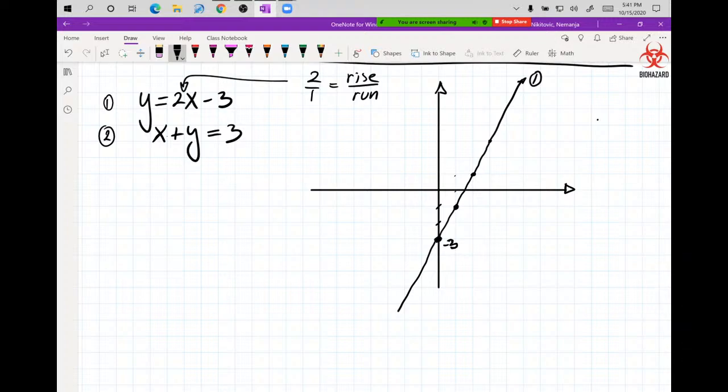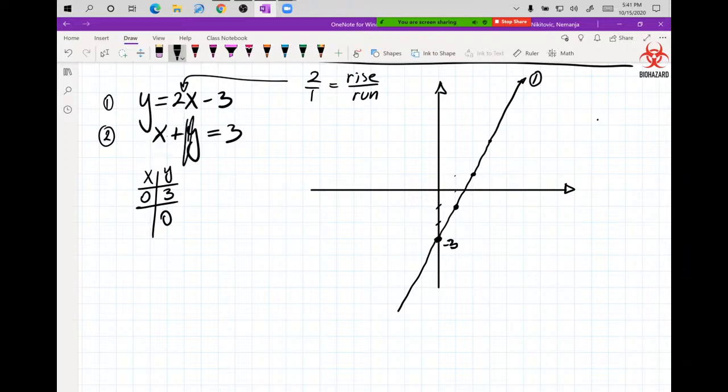Now, line 2 was the interesting one because it's in standard form. So we use our x and y intercept setup. When you plug in x equals 0, that kills x, so y is 3.